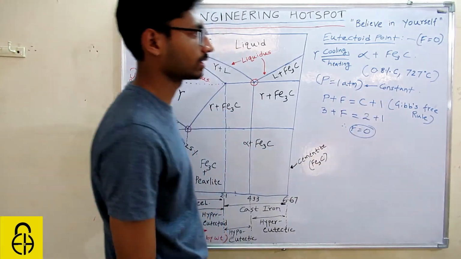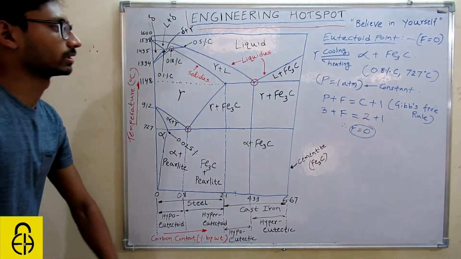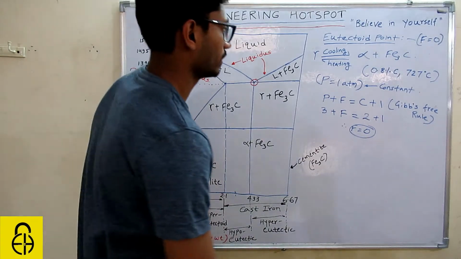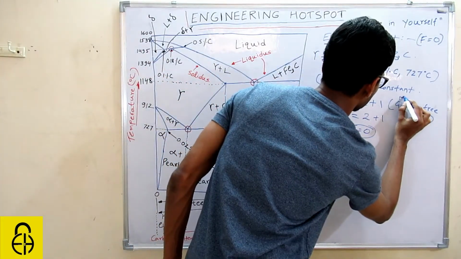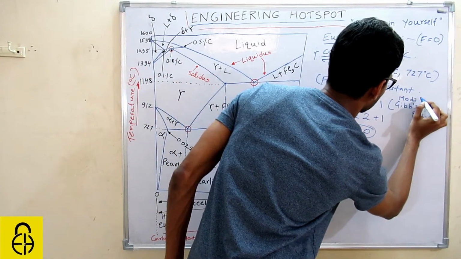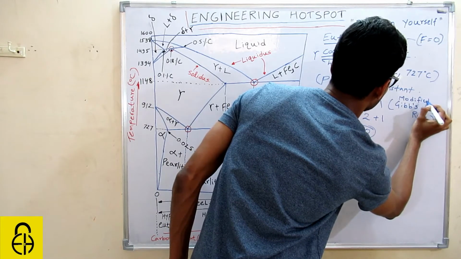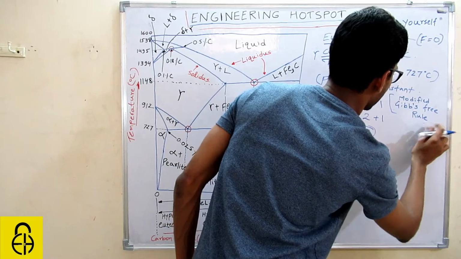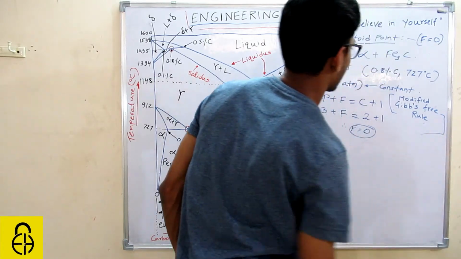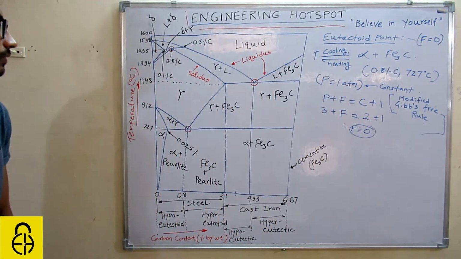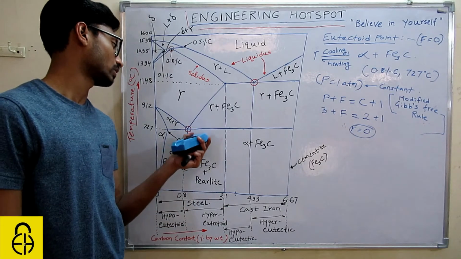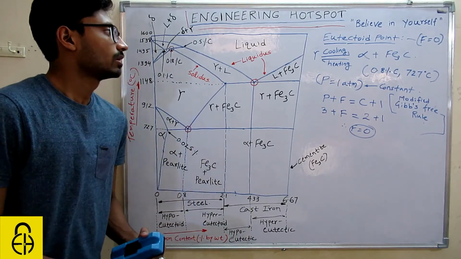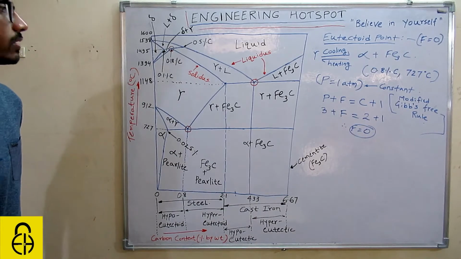It is actually called the modified Gibbs phase rule. So F is 0 at this point, which means this is called an invariant point. So this is all about the eutectoid point.